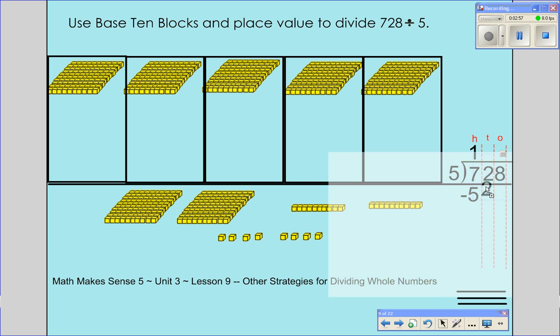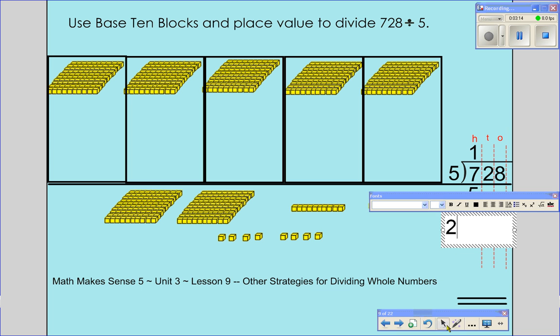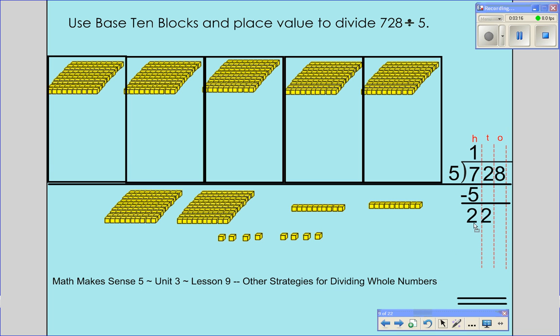So I'm going to bring that down to go along. When I took those 5 here to put up here, it left me with 2 groups of 100 here. So I've got to record that. And then there's my 2 groups of 10 from the original number, 728, and there they are.